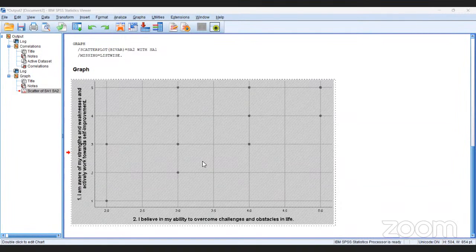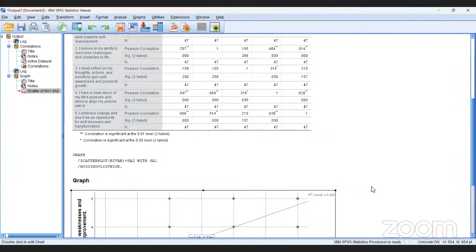So this is the linear model. After that, you will click the file, then close. Now you will get the result.